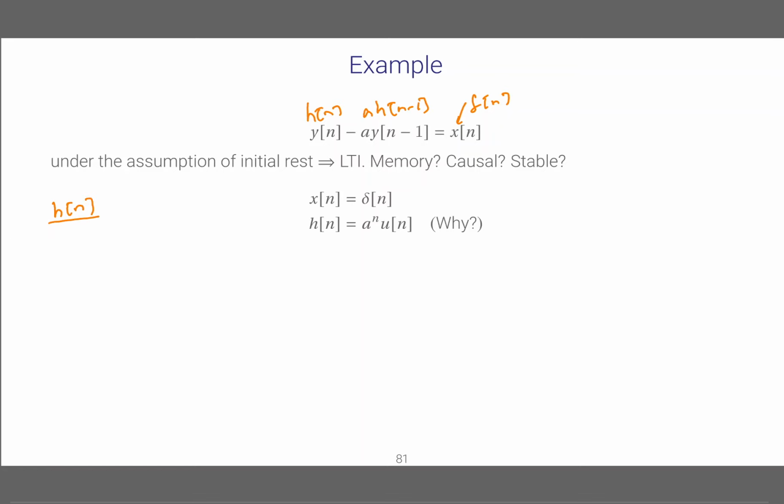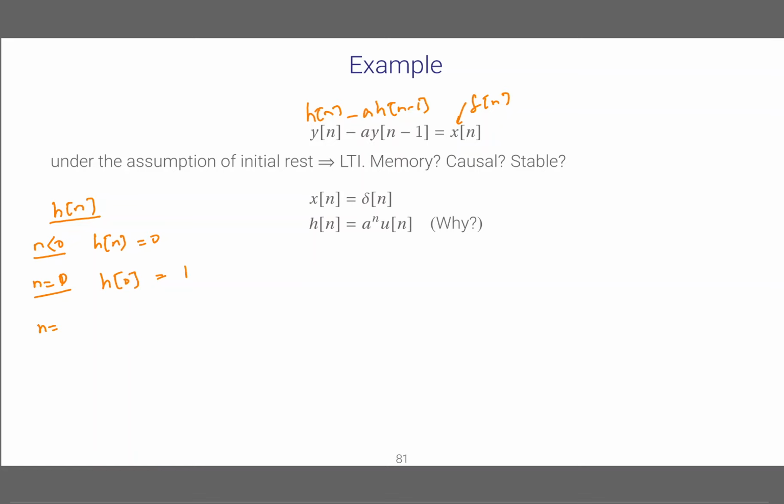Whenever n is less than 0, the input delta[n] is 0, so therefore the output is 0. So let's put n equals 0. h[minus 1] is 0 anyway, so h[0] equals delta[0], that's 1.